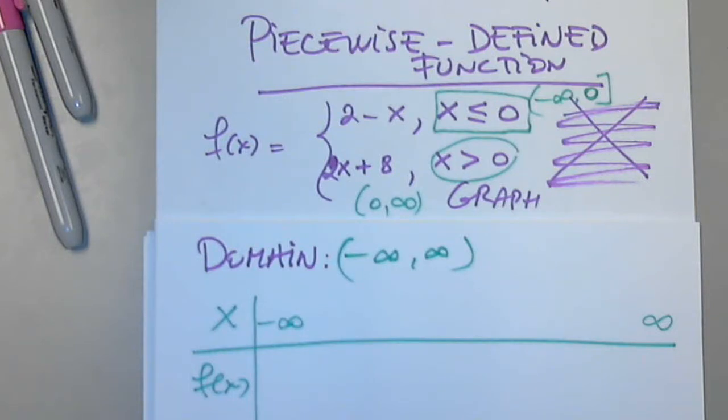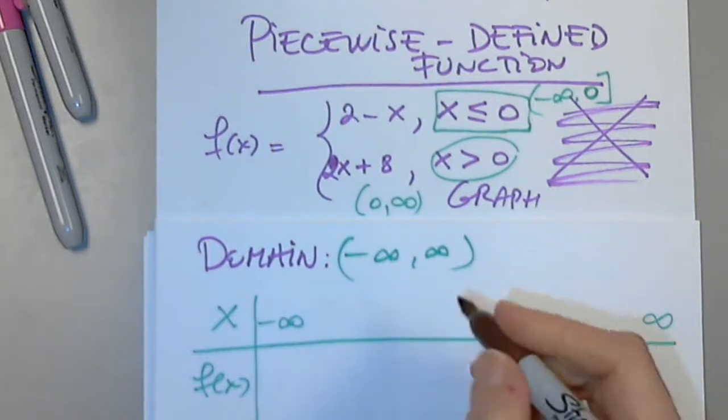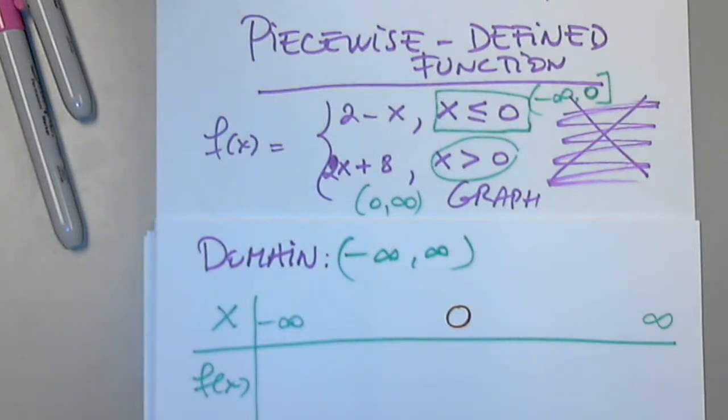Why? Because at that particular x value, something major happens. What is that major thing that happens? It changes from one function to the other. That's the answer. It goes from this to this. If I don't know what happens exactly at that point, then I can't graph. Very good. So here's 0.